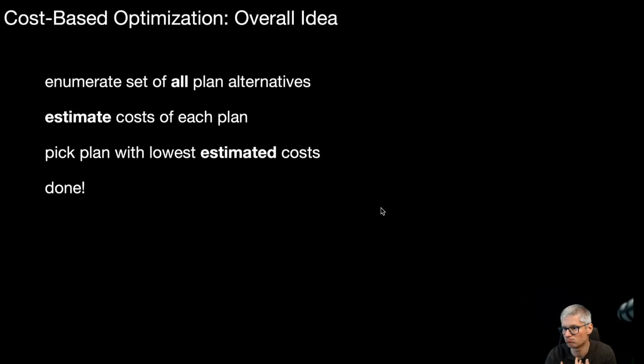How much am I going to pay for that? Cost may mean many different things. Typically, it's execution costs, so the time you expect this plan to take when actually executing it. So you enumerate many plans, you pick the one where you expect the lowest costs, and then you execute it eventually. That's basically the idea.